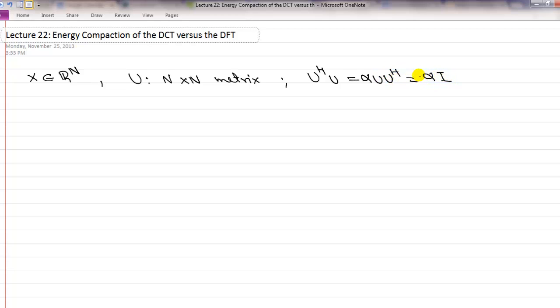So it's an orthogonal transform with this special structure, and if alpha equals 1, then it's an orthonormal transform. My transform is given by x hat equal to U times x, which is also n-dimensional.